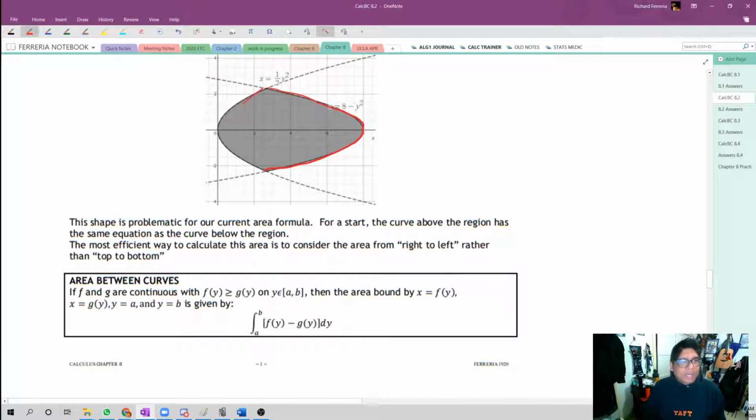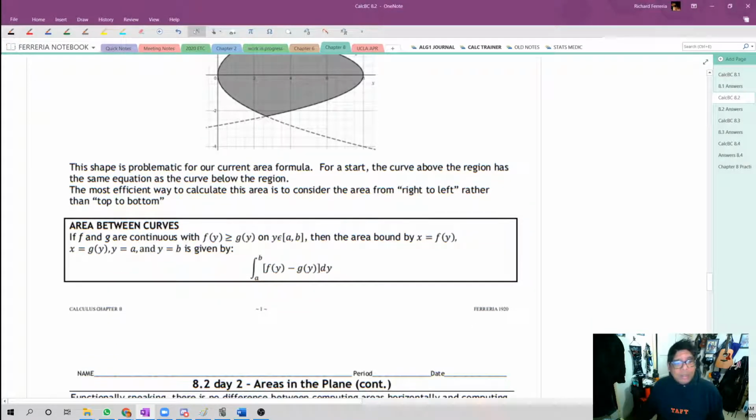Likewise, the left side of this function is always x equals 1/2 y squared. So if we approach these as functions of y instead of functions of x, then we'd have a much easier time doing this. And in fact, we have this entire approach about areas between curves, looking at everything sideways in terms of y instead of in terms of x.